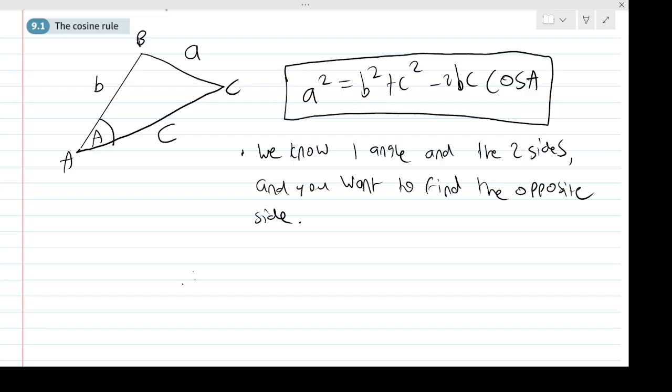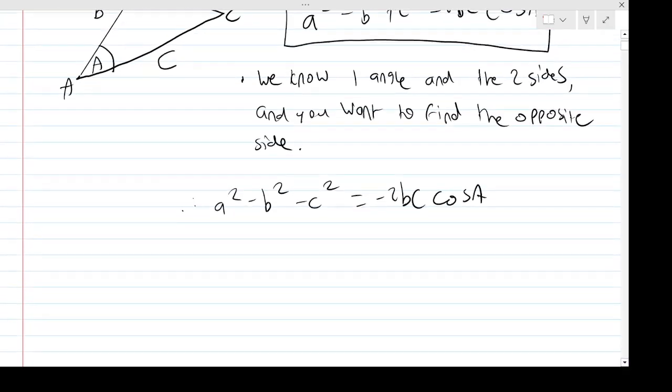So A squared minus B squared minus C squared is minus 2BC cos A. And then hopefully you can spot that cosine of A is going to be dividing that by minus 2BC. So A squared minus B squared minus C squared over minus 2BC.